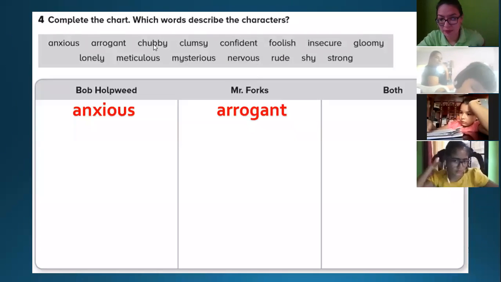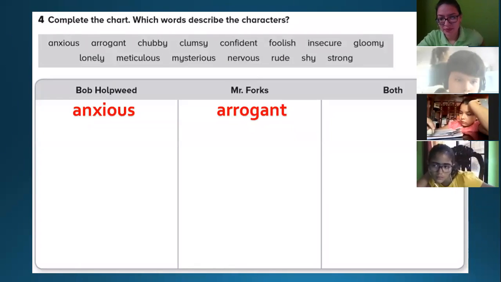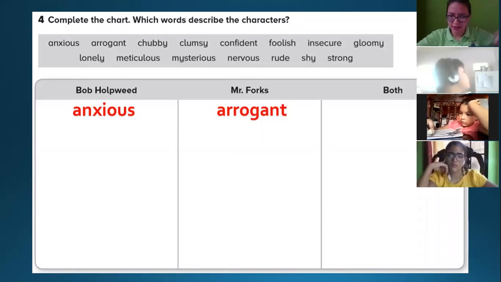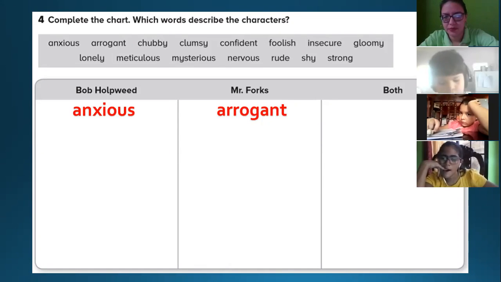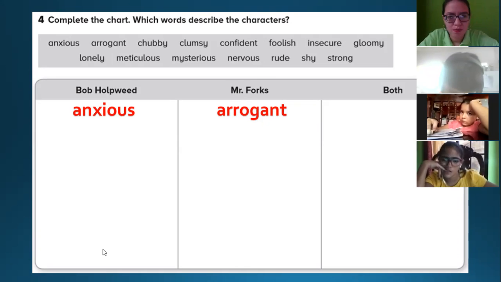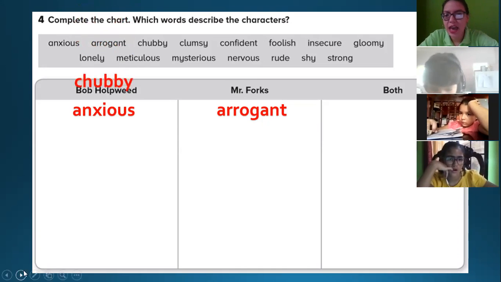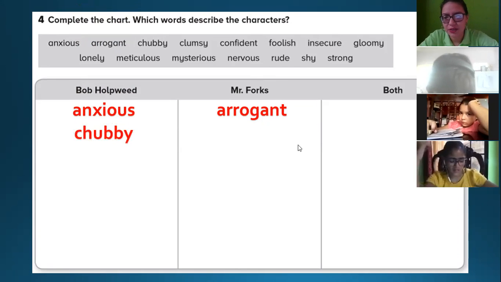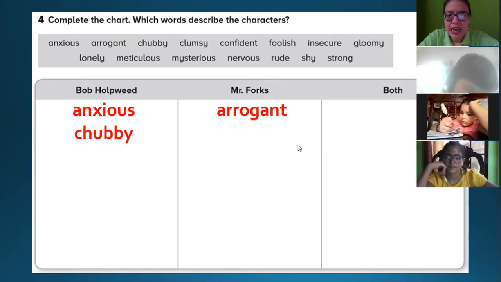Who is chubby? Chubby is very fat. Bob. Okay, let's check, is Bob very fat? Yes, excellent, Hector.